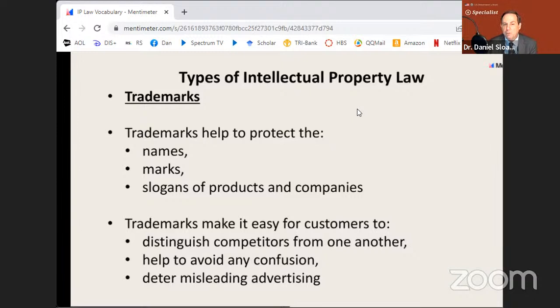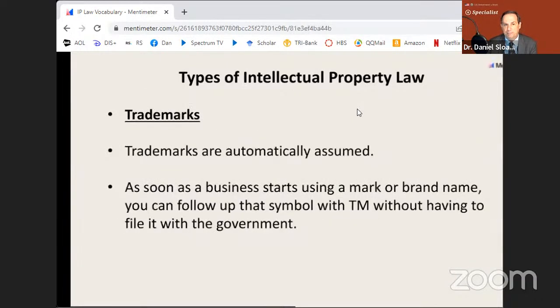It also helps to avoid confusion, and it deters misleading advertising. As I said earlier, you could have a representation of a very famous caricature endorsing a product, and that's one thing you don't want: misleading advertising.